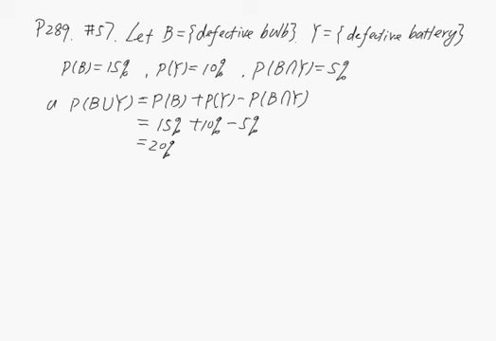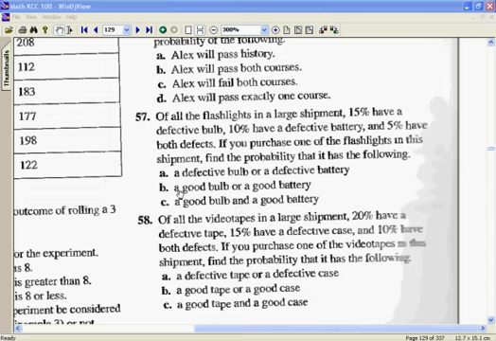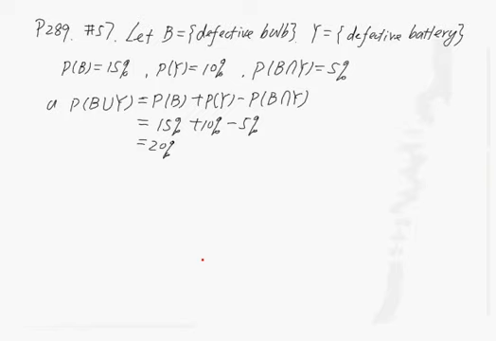All right. Now let's look at part B. A good bulb or a good battery. So it's a defect-free bulb or a defect-free battery. Tell me, for a good bulb, how can I express this event in terms of B and Y?